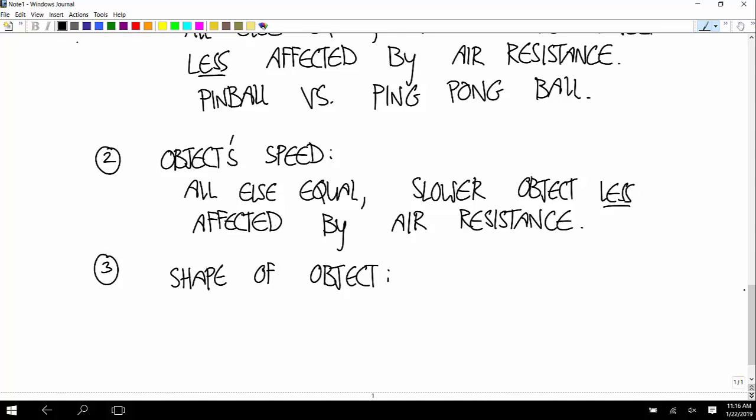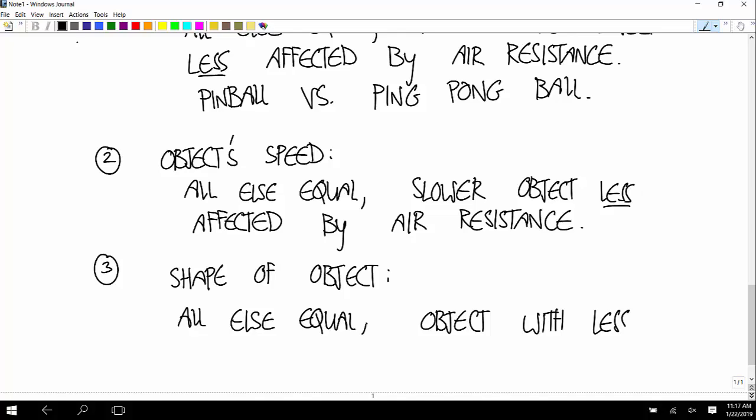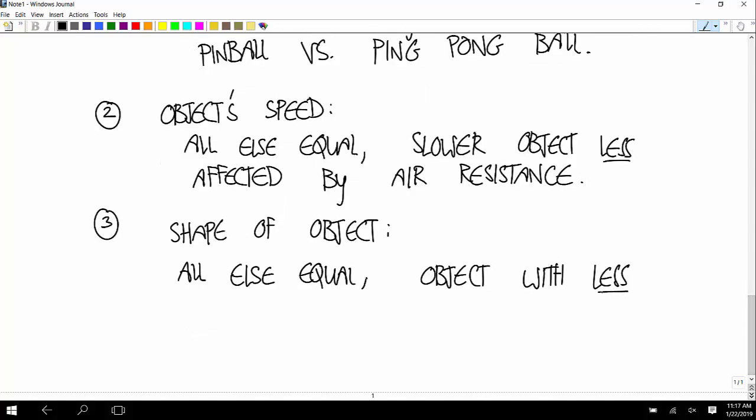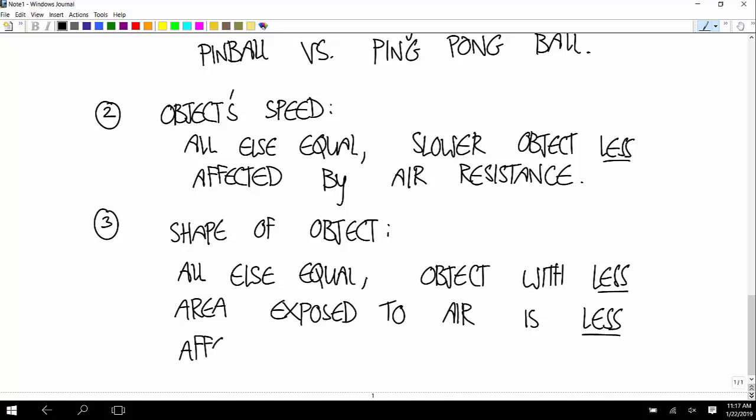There are also shape effects even when the area is the same, but all else equal, an object with less area exposed to the air is less affected by air resistance.